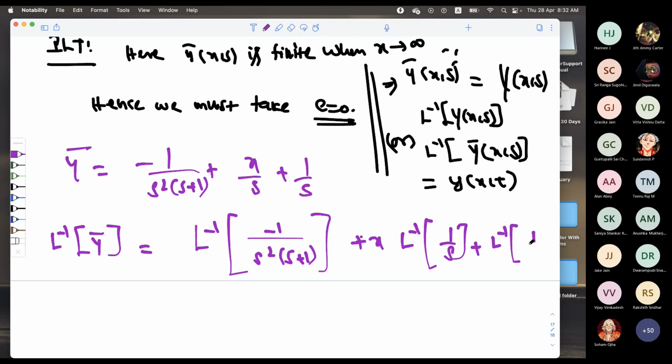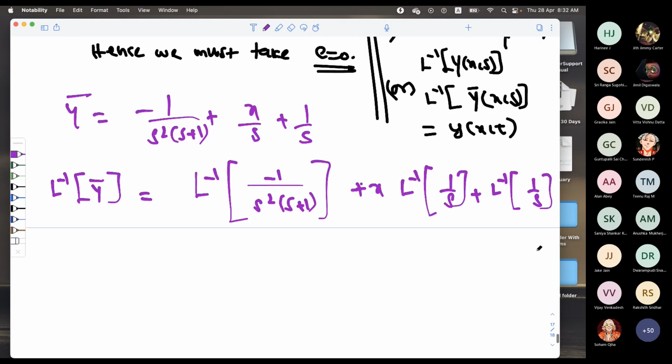That 1 by s also we are taking. So what is the transform of this?